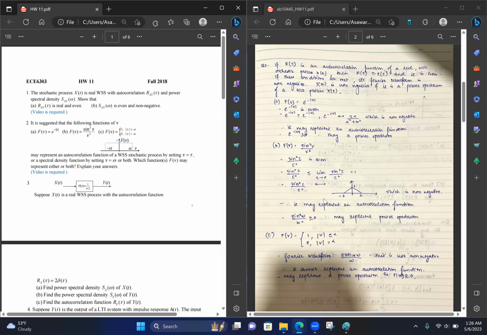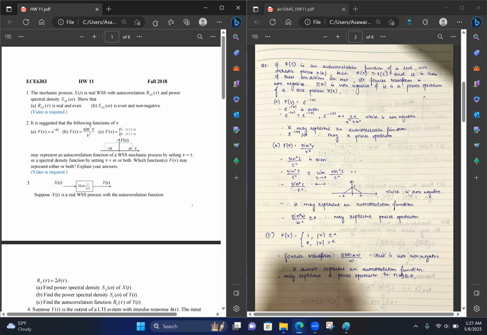This is the graph for sine square tau upon tau square. So this is non-negative, and it may represent an autocorrelation function. Again, if we put omega in this function, then sine square omega upon omega square is greater than or equal to 0, so it may represent a power spectrum.